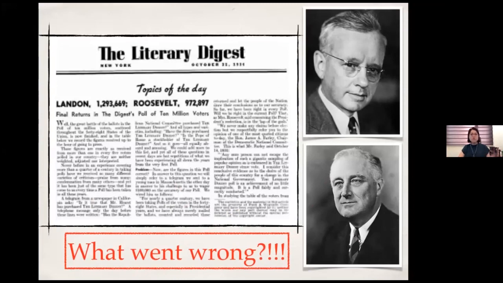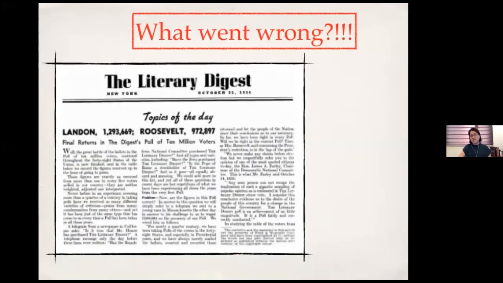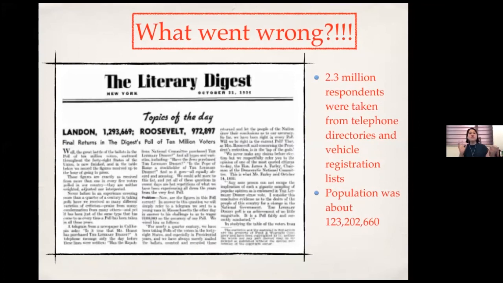Every time, they predicted that the Republican would win. What they did was get a sample of 2.3 million respondents. The population at that time was 123 million. So 2.3 million, not so bad, right? The sample size seems okay.